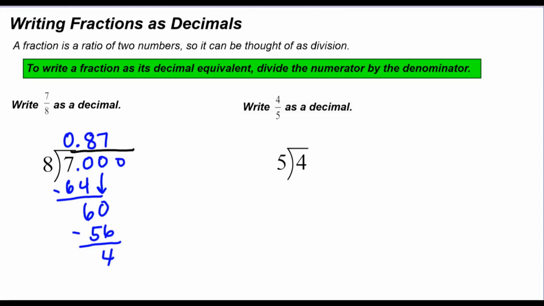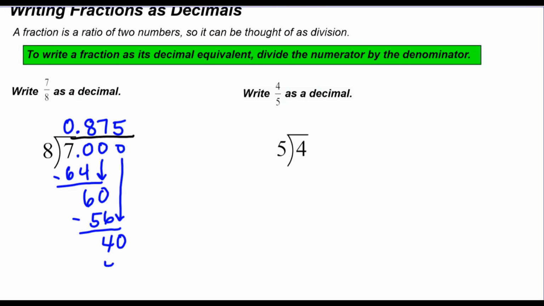So I'm going to drop another place value here. 40. 8 goes into 40 5 times. 5 times 8 is 40. And so I will not have a remainder. So I am done dividing. So that decimal actually terminates. Okay, it stops eventually. I don't have to keep dividing forever and ever. So 7/8 as a decimal value is 0.875, or 875 thousandths.